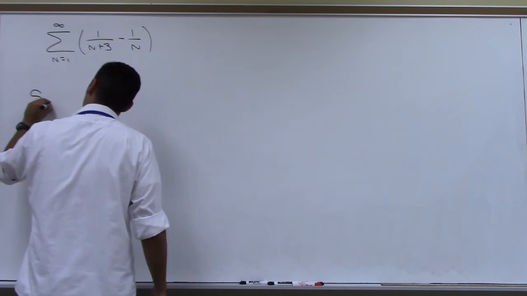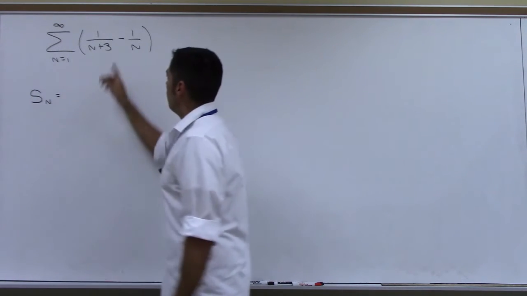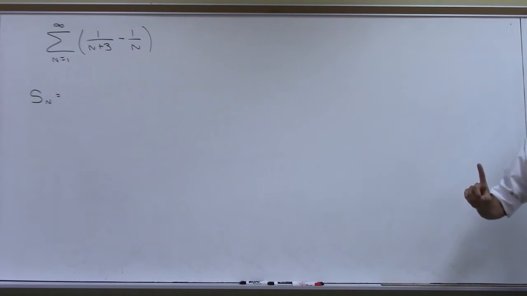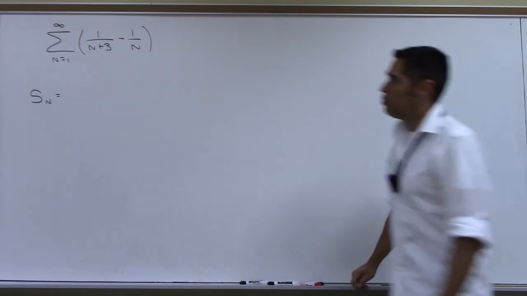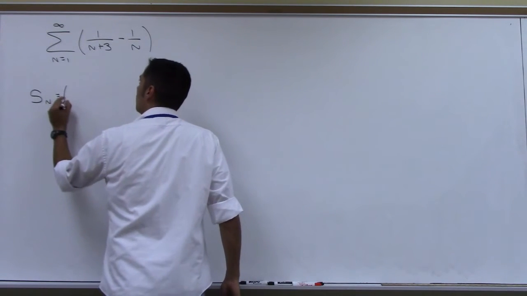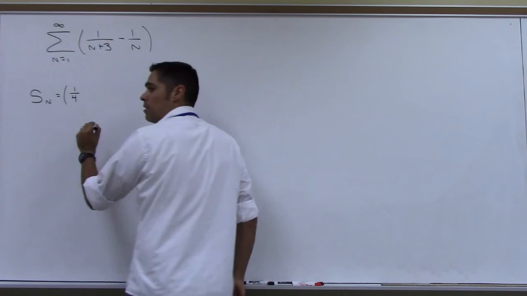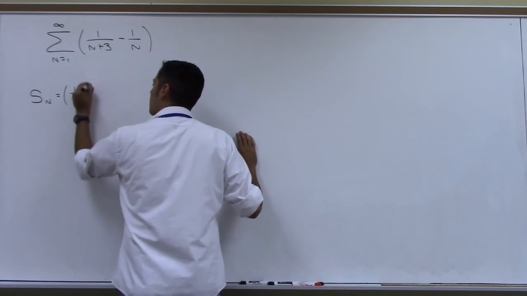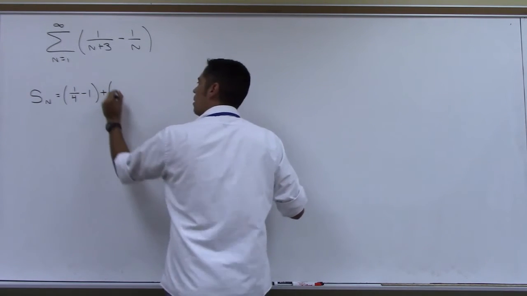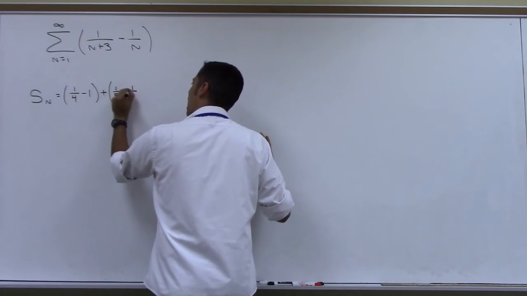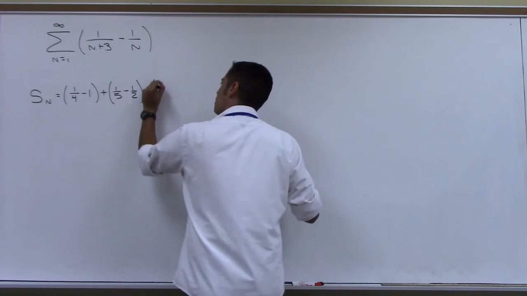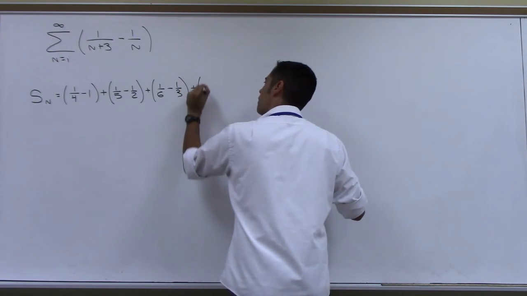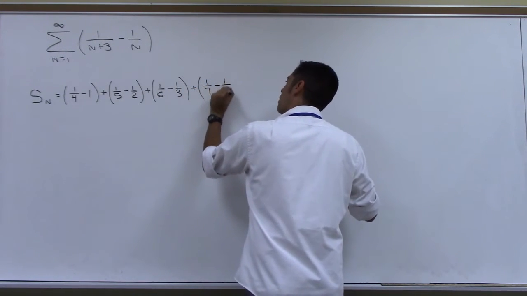S sub n is what I get when I start adding these up and stop at n. So we already said the first thing I would get was 1/4. Notice I'm writing very small because I'm going to go pretty far, okay? I'm going to go 1/4 minus 1 plus the next one was 1/5 minus 1/2 plus the next one was 1/6 minus 1/3 and then plus 1/7 minus 1/4.